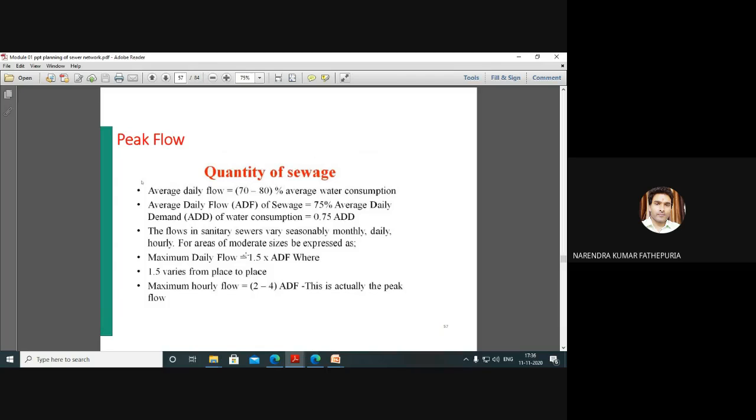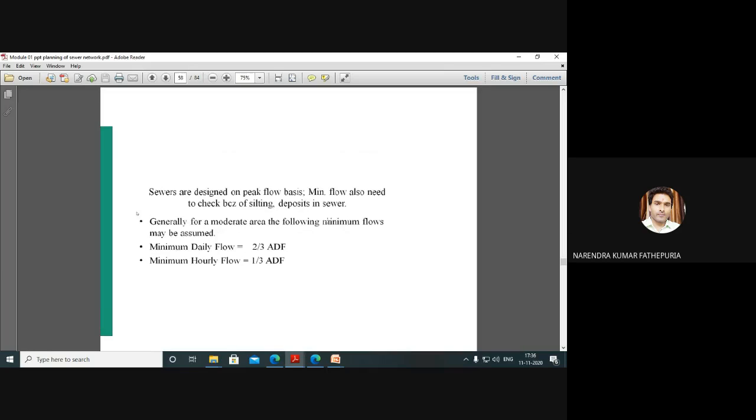That also we have to consider, so the maximum daily flow and maximum hourly flow also we have to calculate. Maximum hourly flow should be 2 to 4 times the average daily flow, and maximum daily flow should be 1.5 times the ADF. So 1.5 and 2 to 4 are peaking factors. The peak factor always gives the correct estimation.